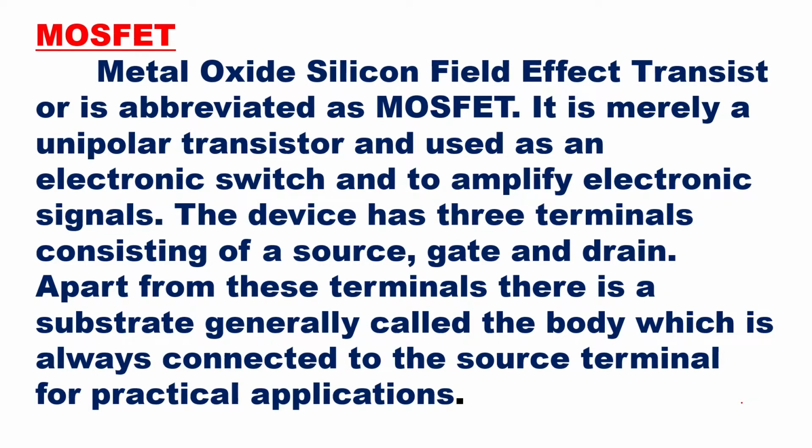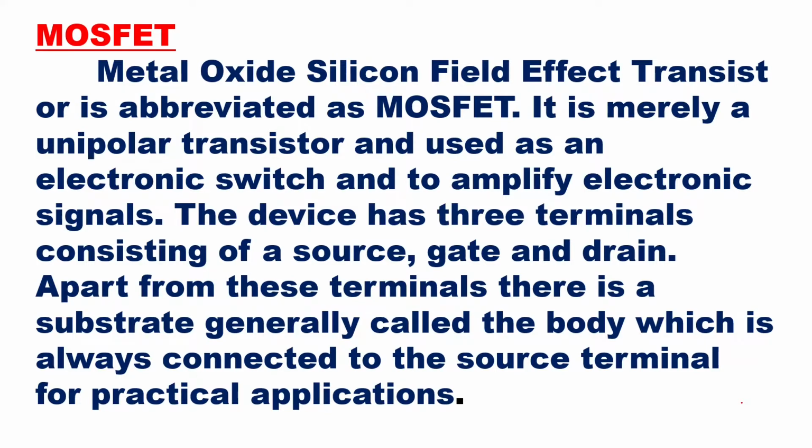Then we'll see the first active component of part 2, that is MOSFET, metal oxide semiconductor field effect transistor, or sometimes it is also called metal oxide silicon field effect transistor. It is known as MOSFET. It is a unipolar transistor. Unipolar means the current conduction in this device is of only one type of charge carrier.